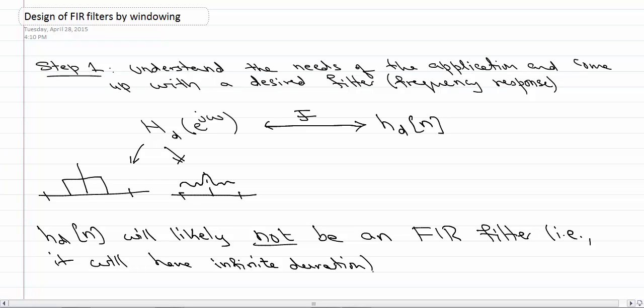For example, if you said my ideal filter is a low pass filter, then we know that the impulse response of that ideal low pass filter is a sinc. Now sinc goes from minus infinity to infinity. So you cannot use that as an FIR filter. It doesn't have finite duration.